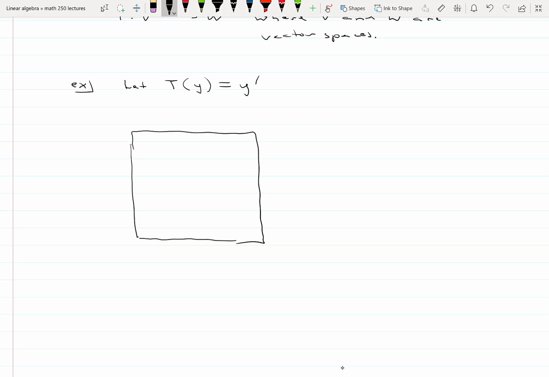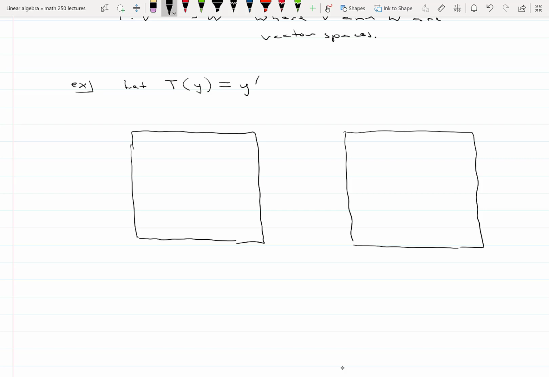We're not going to call them functions anymore. We're going to call them transformations, because that's the terminology that we use in linear algebra. So this represents the domain.